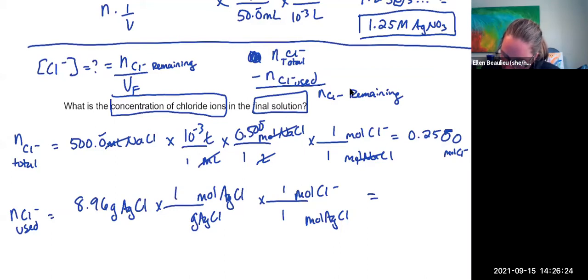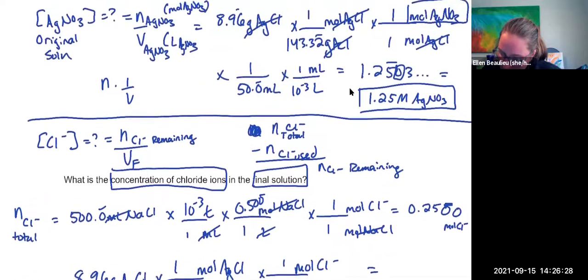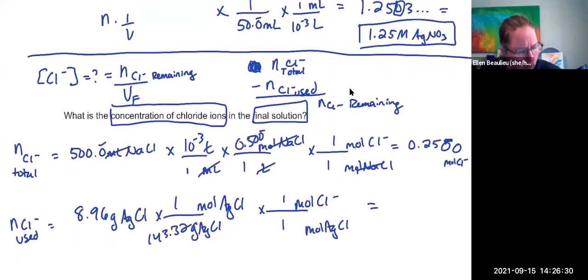Molar mass is still 143.32. So I plug those into my calculator, 8.96 divided by 143.32, and I get 0.0625 something. So 3 sig figs, 5 sig figs.